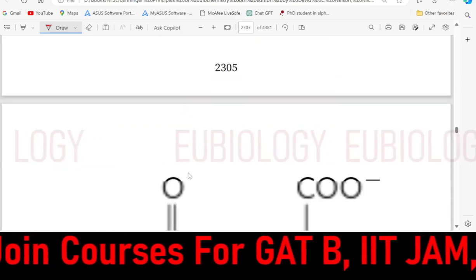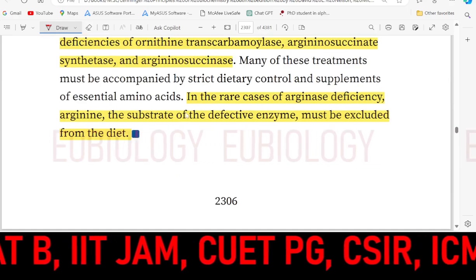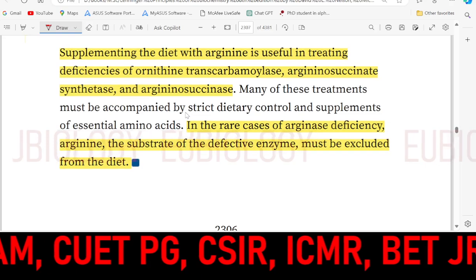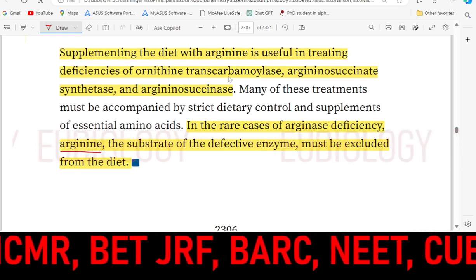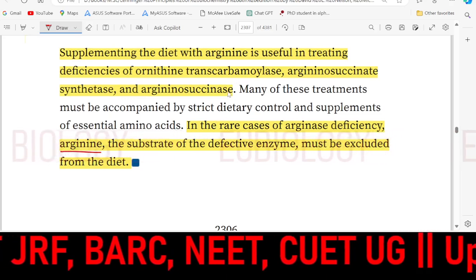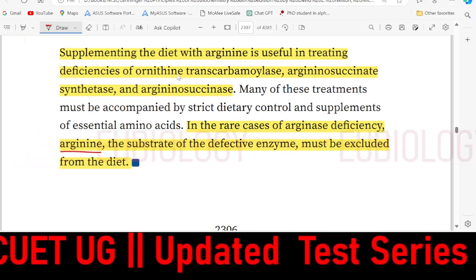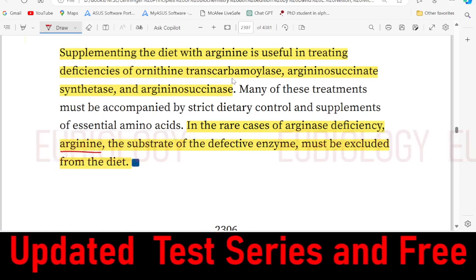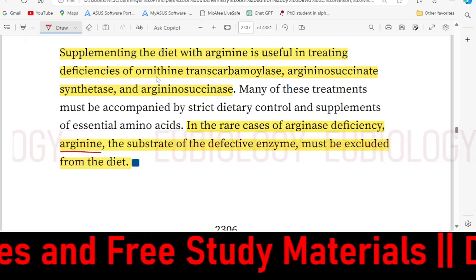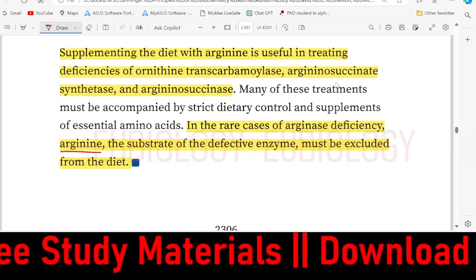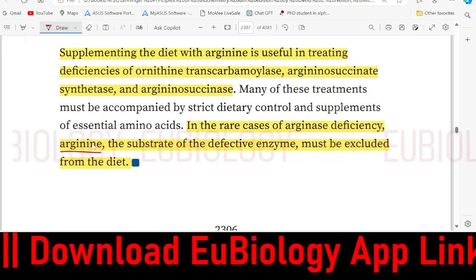Or you can provide other things like arginine in the diet. So this arginine will be provided for what? If, other than carbamoyl phosphate synthase, there is a lack of ornithine transcarbamylase, argininosuccinate synthase or argininosuccinase, then you can provide the arginine for that.